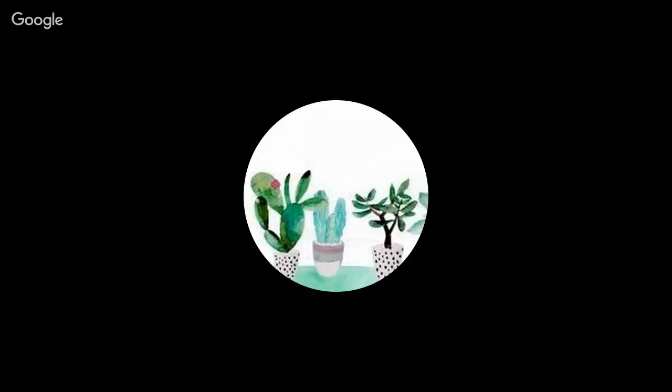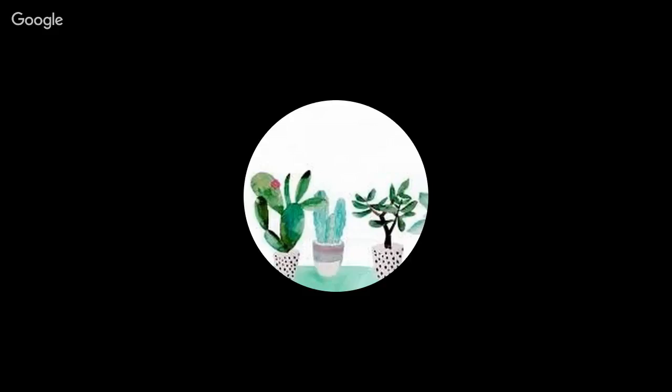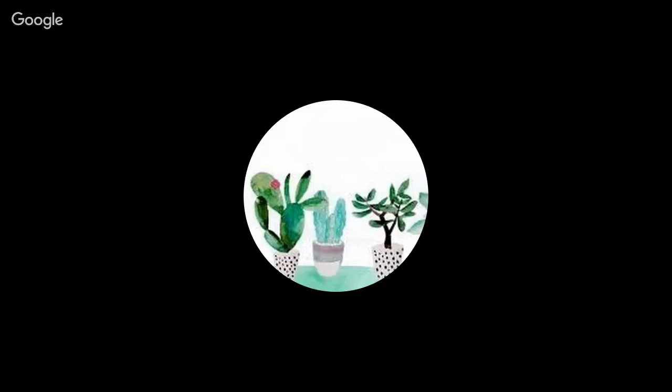Yes, because the P is the constant at the end of the problem and the Q is the leading coefficient. So you're taking all of the factors for P and all of the factors for Q and making them a ratio. Okay, that makes sense. So that's all 49 and 50 are.